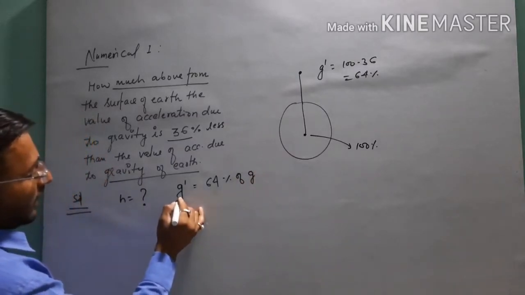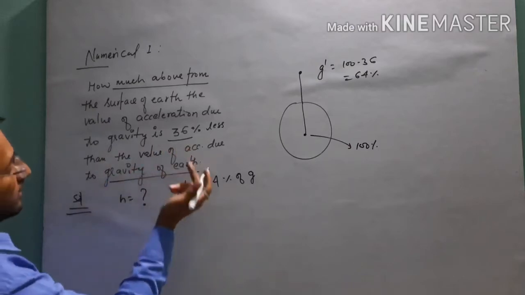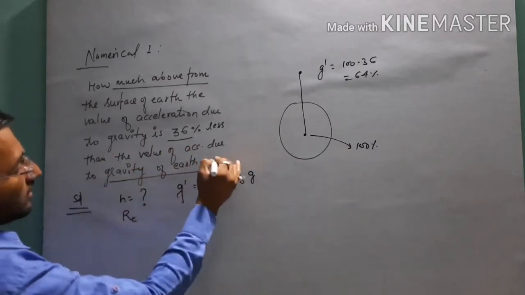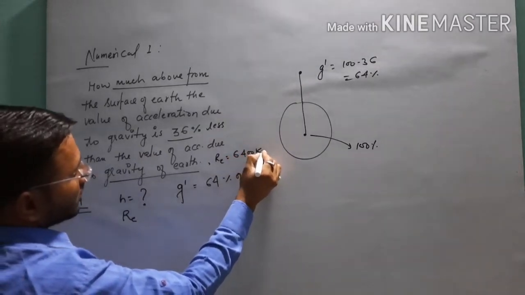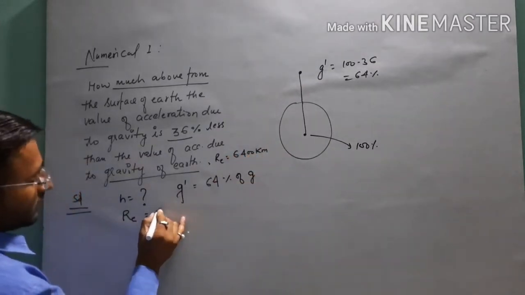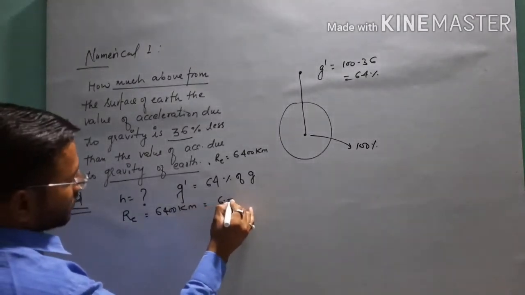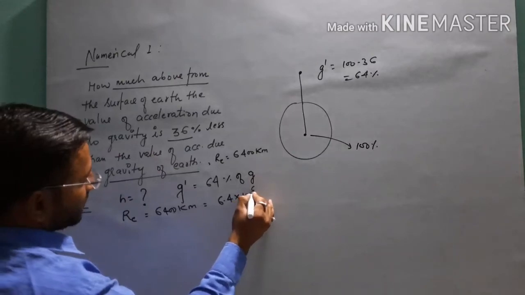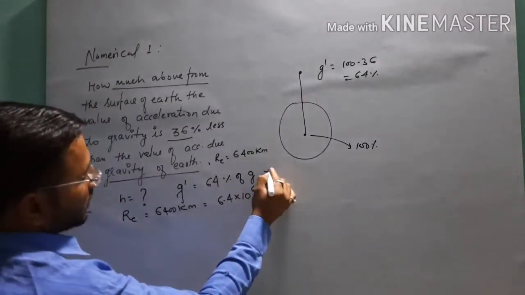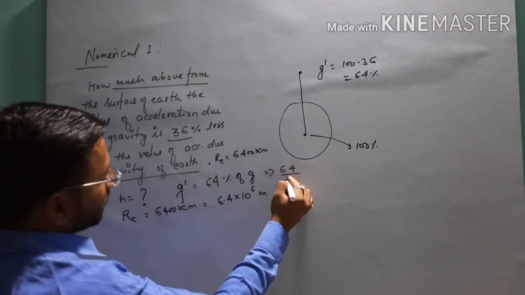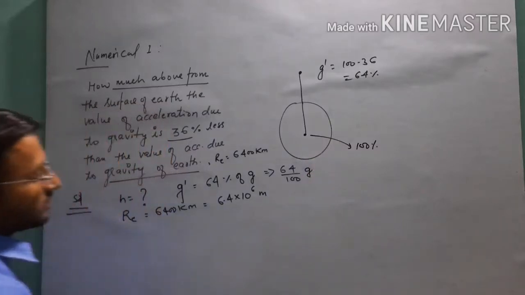And after that, he asked about the height. We have given the radius of earth, Re is equal to 6400 kilometer, or you can write 6.4 into 10 raised to the power 6 meter in SI unit. And 64% of g means 64 by 100 of g.